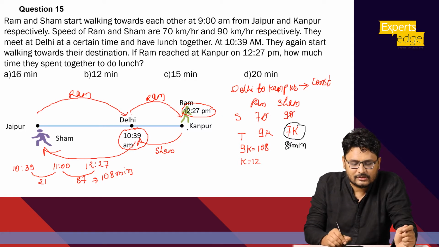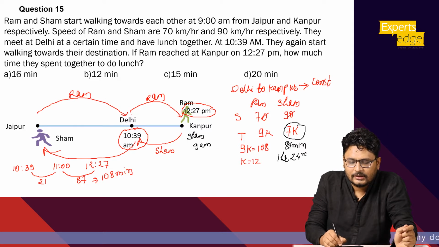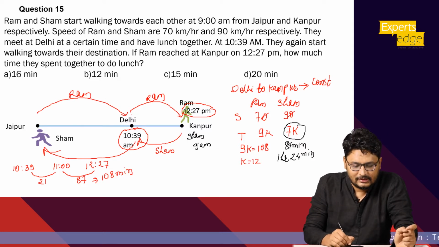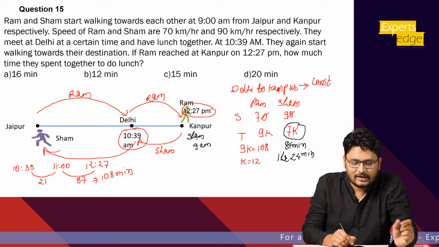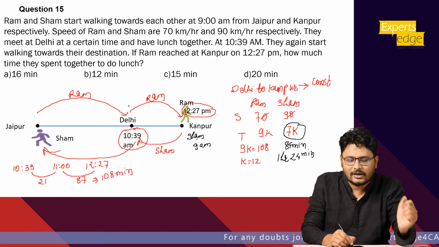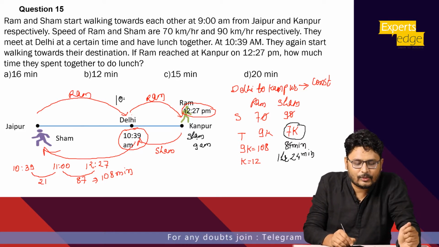This Sham guy traveled from Kanpur. He had started from Kanpur, right? At what time? 9 o'clock. 84 minutes means 1 hour 24 minutes. That means this guy Sham must have reached here at what time? 1 hour 24 minutes after 9, basically 10:24.